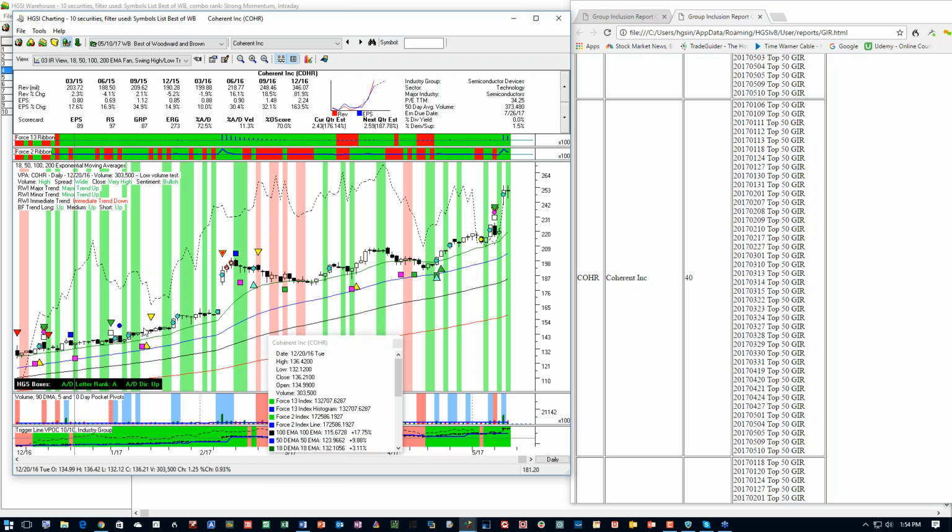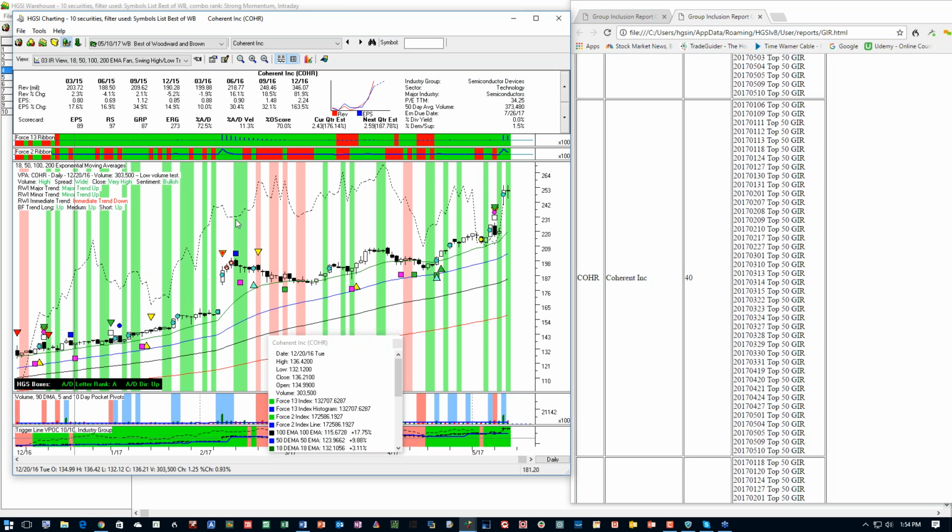Now this stock, COHR, had greater relative strength than the group, than the semiconductor group at this time right here. How do I know? Because the group was moving down and this stock was moving up. So that's how you can do a visual comparison.